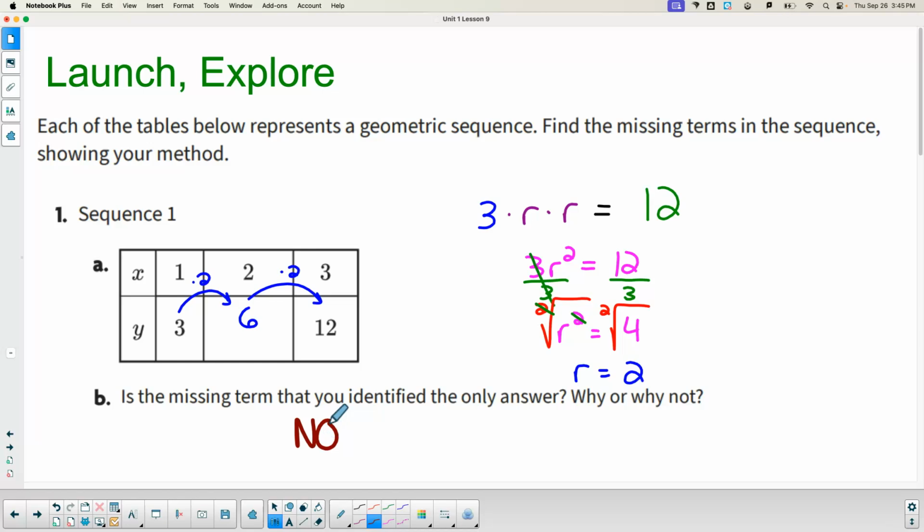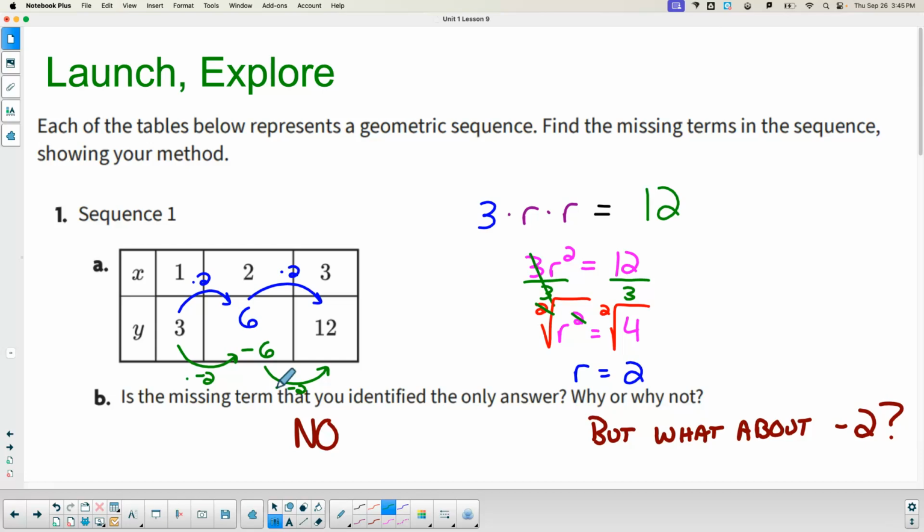We multiplied by 2, but what about negative 2? Because if I multiply here by negative 2, then I get negative 6. If I multiply here by negative 2, I get positive 12. And that works out too.